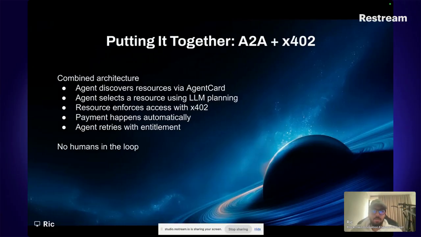Then the payments essentially happen in a very automatic manner, and whenever deemed, the agent can then retry with specific entitlement. There's no human in the loop. There's no middleman in the loop. You can think of it as a very automated and autonomous way of creating an agentic ecosystem.